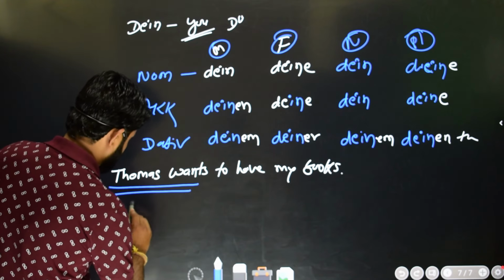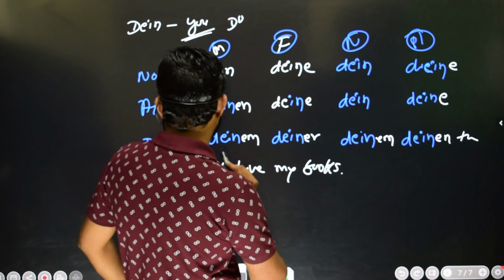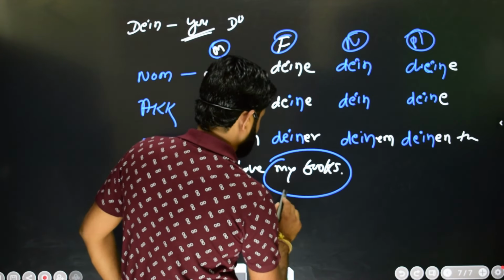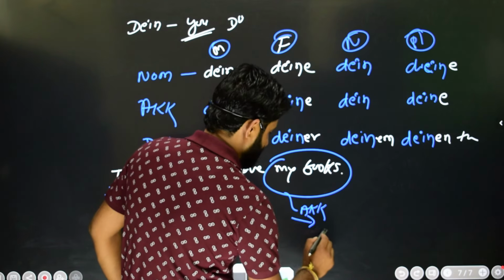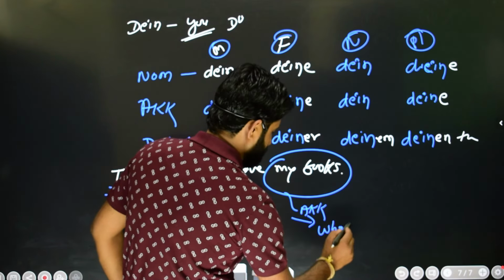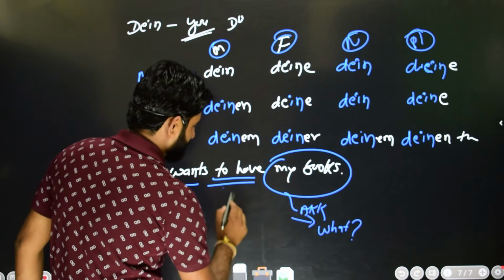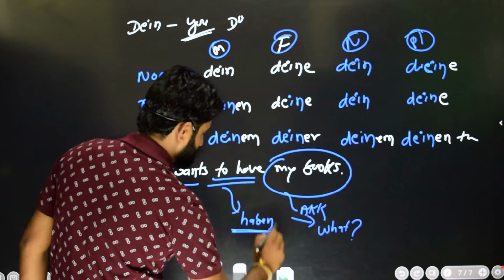Thomas. This will be the nominative case. And what does Thomas want? Thomas wants my books. So my books will be accusative. Why? Because here we have the question with what. And to have will be haben. Haben is the verb, means to have.